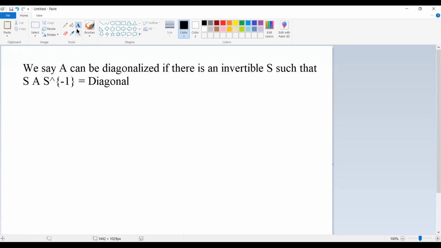So do you think every matrix can be diagonalized? Well, you need positive determinant.